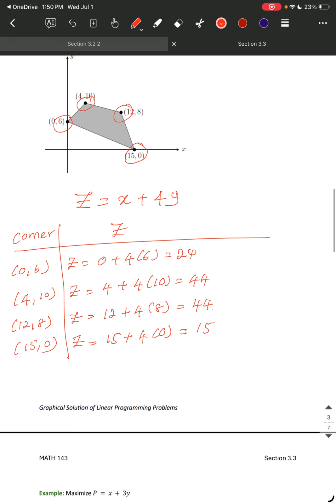Okay, what about the maximum? According to the values, the maximum value here is 44. So the maximum value is 44. We can identify the 2 points.